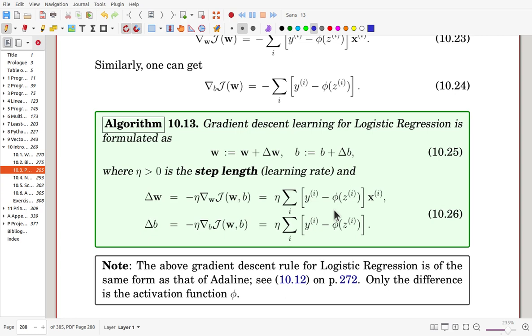But here we apply the sigmoid function to get a value between 0 and 1, and that is the only difference. So once you have the code for Adaline, you can modify it quite easily to get the code for logistic regression.